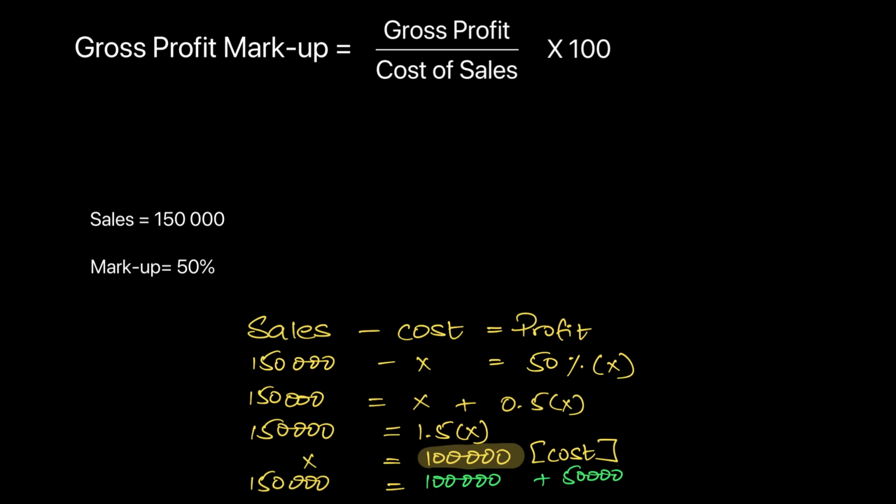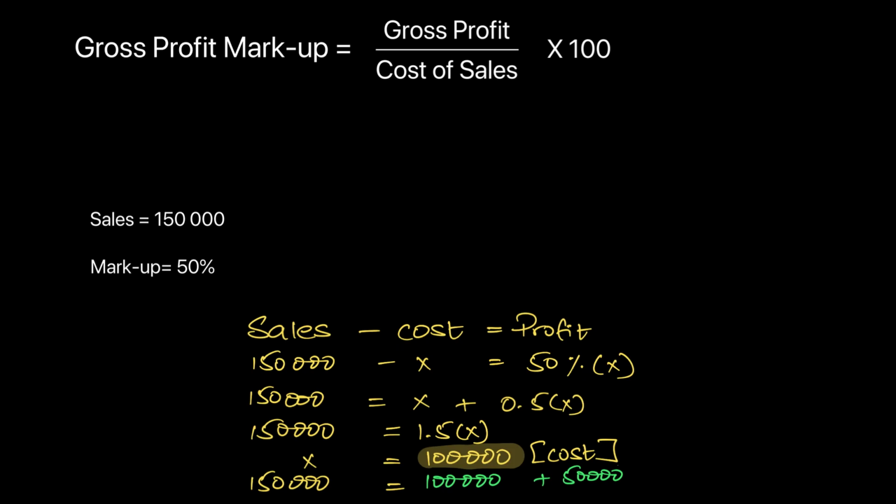Which figure are we looking for? It's the cost, that is 100,000. So if we have our sales available, we can find the purchases too by tracing out the cost using the markup. Alright, so you might come across some questions where they do not give you purchases, but would rather give you the markup, and using that markup, we need to calculate our purchases.